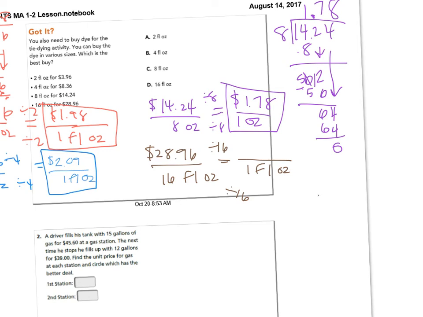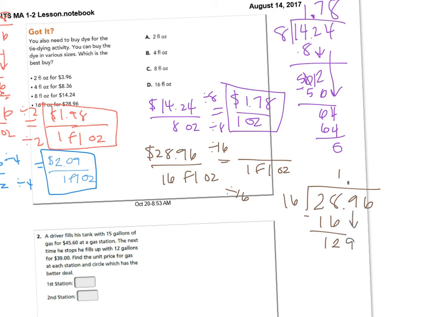So 28.96 divided by 16 goes in one time. Bring down the 9.